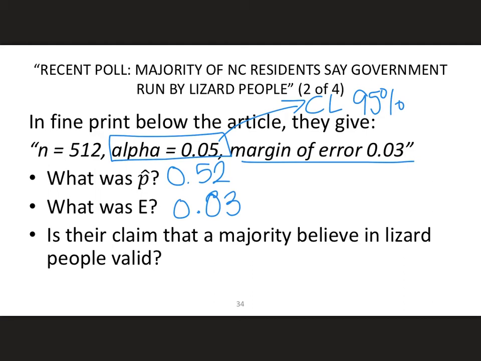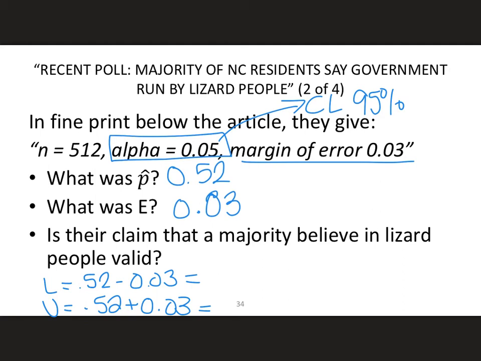So is their claim that the majority believe in lizard people valid? To do this, you actually need to find the confidence interval. So we're going to find the lower and the upper here. You're going to do 0.52 minus 0.03 and 0.52 plus 0.03.